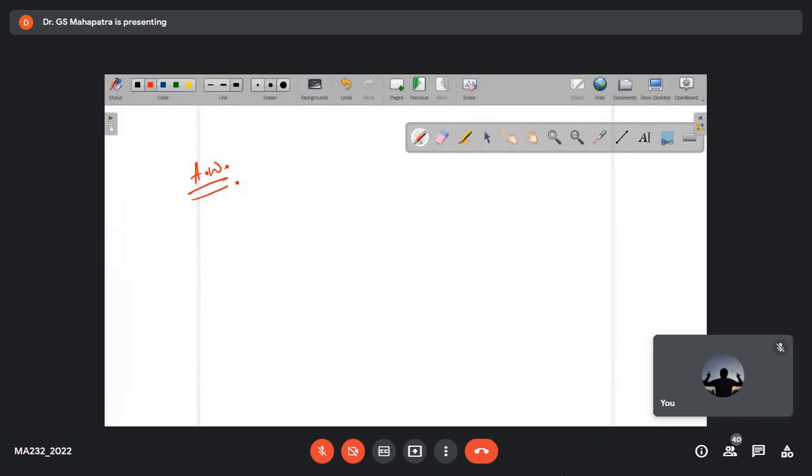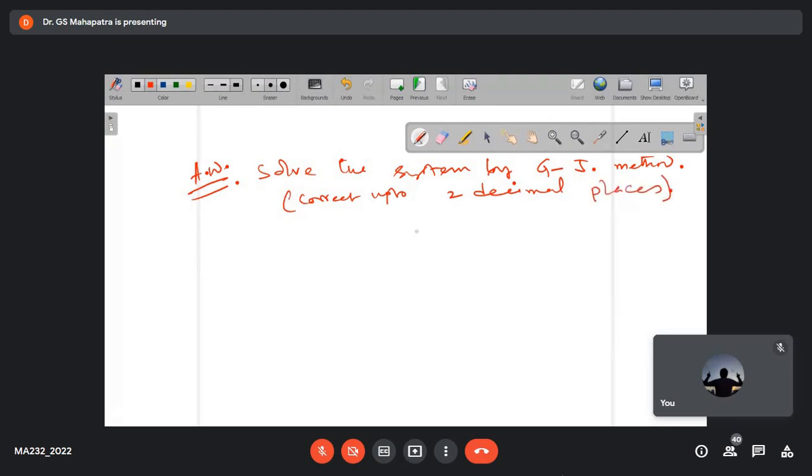Solve the system by Gauss-Jacobi method, correct up to 2 decimal places.